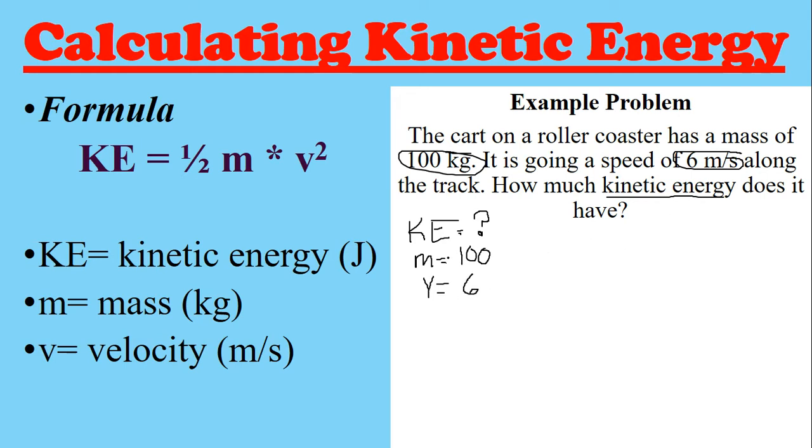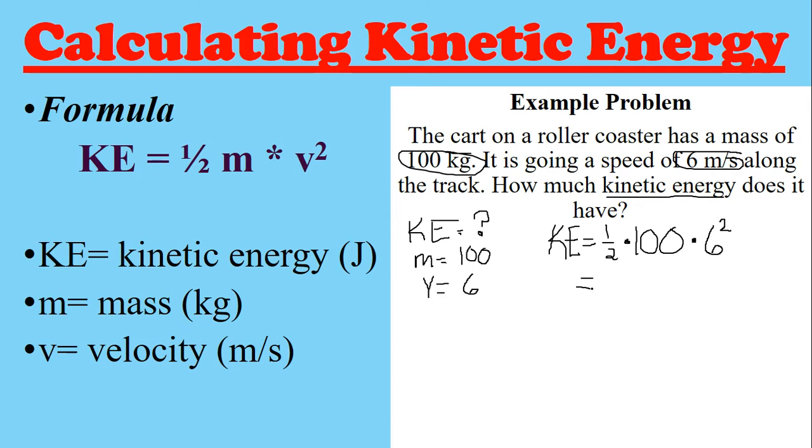Now we're going to take these and plug them into the formula. KE stays because we're trying to find it. Equals 1/2 times, what's the mass? 100. And then we're going to multiply that by 6, the velocity, but we're going to have to square it first.